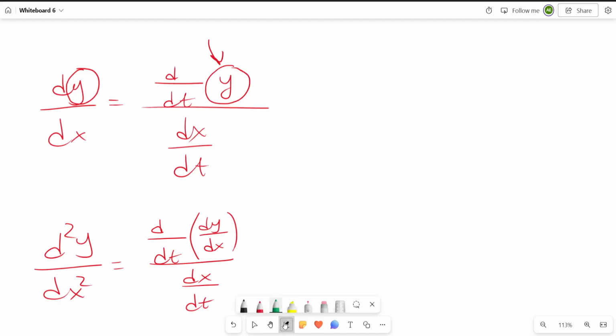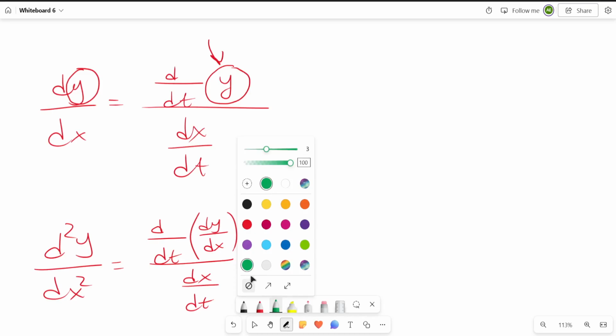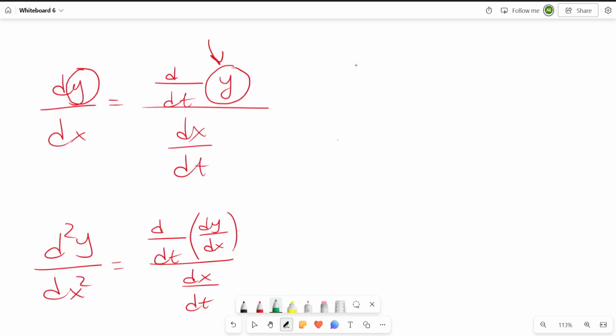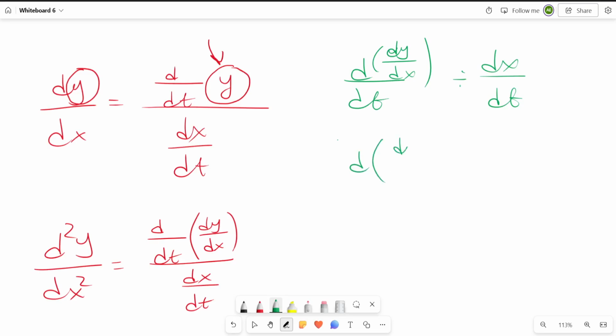You can also think about this in another way, which is very similar to what we have done. I know that d by dt of dy by dx, divided by dx by dt, is basically d of dy by dx over dt, multiplied by dt by dx.